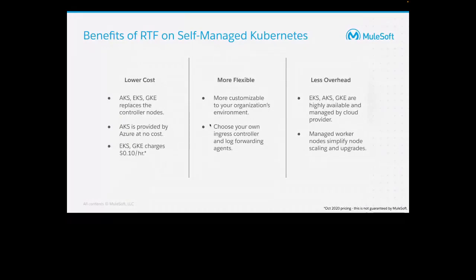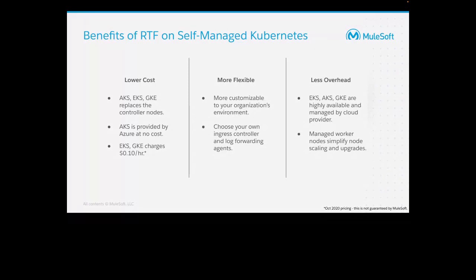Okay. And then it gives you a more customizable approach to maintaining your environment, and you can choose your own ingress controller which you want to install, which is not the case with your VM and your bare metal options. Then less overhead. It gives you high availability because that's completely taken care of by your cloud provider.